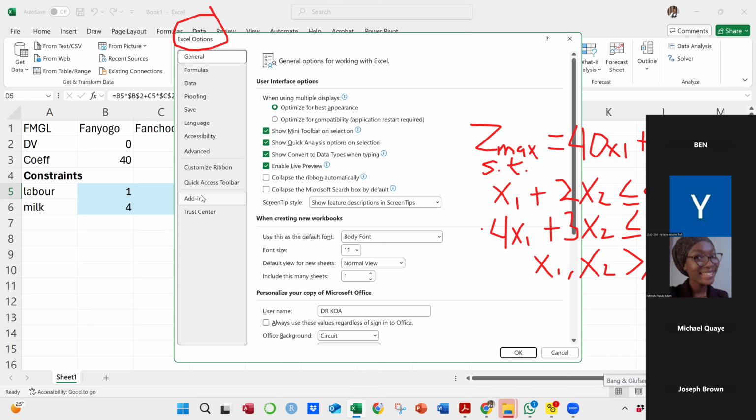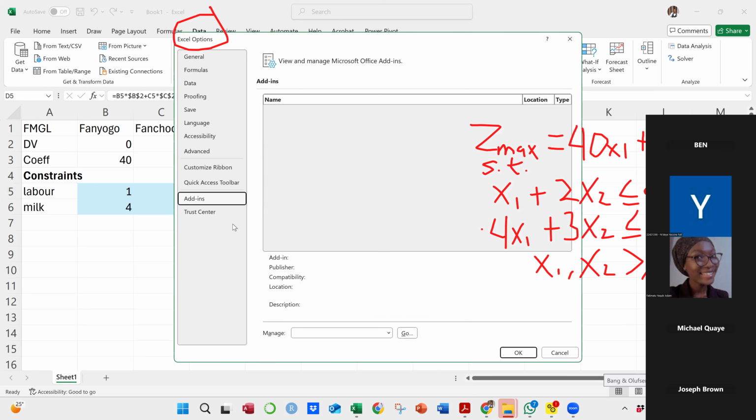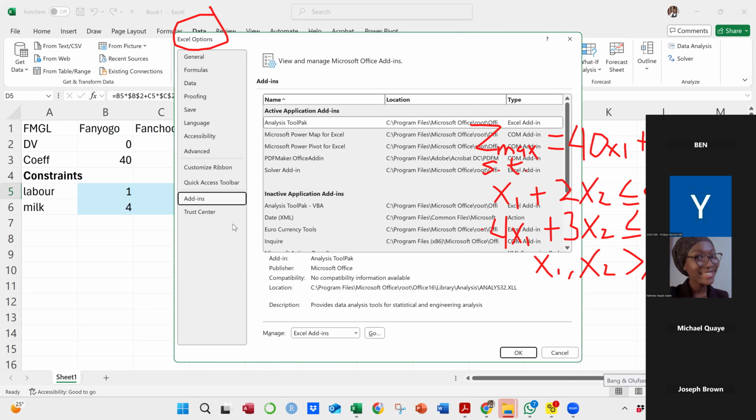After selecting Add-ins, you should see something under Add-ins known as Solver Add-in. Click on that, come down on your screen and select Go.